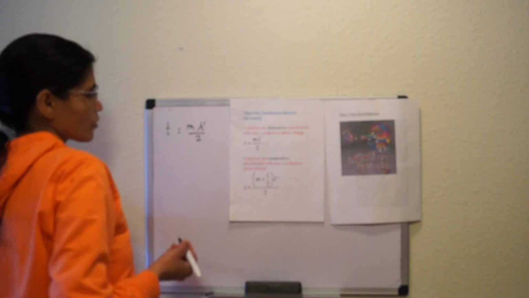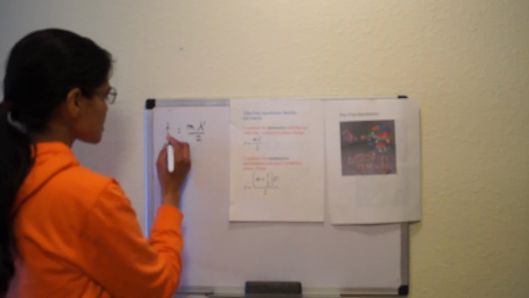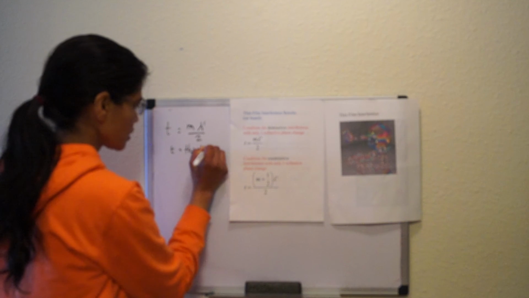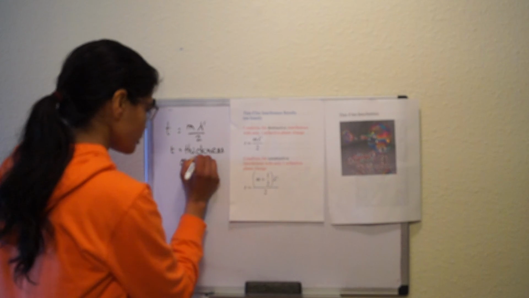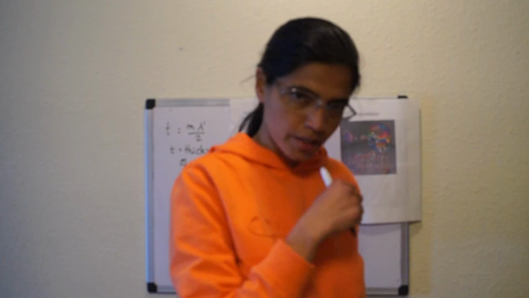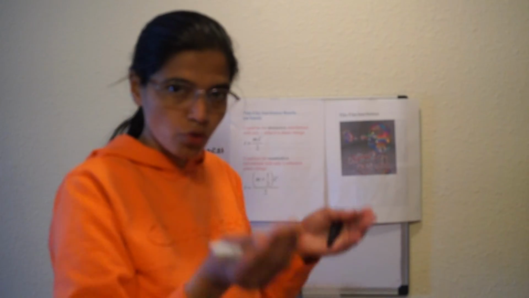Now you may be wondering, what is this T you are talking about? T is the thickness of the film. In the case of a soap bubble, T would be the thickness of the soap film.